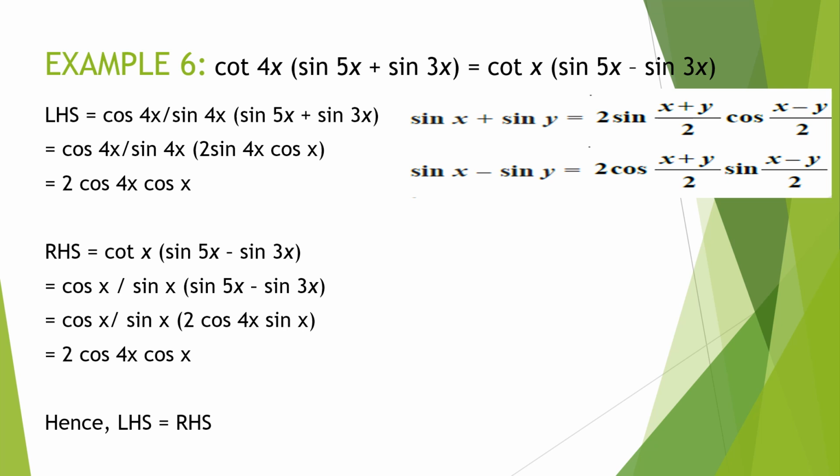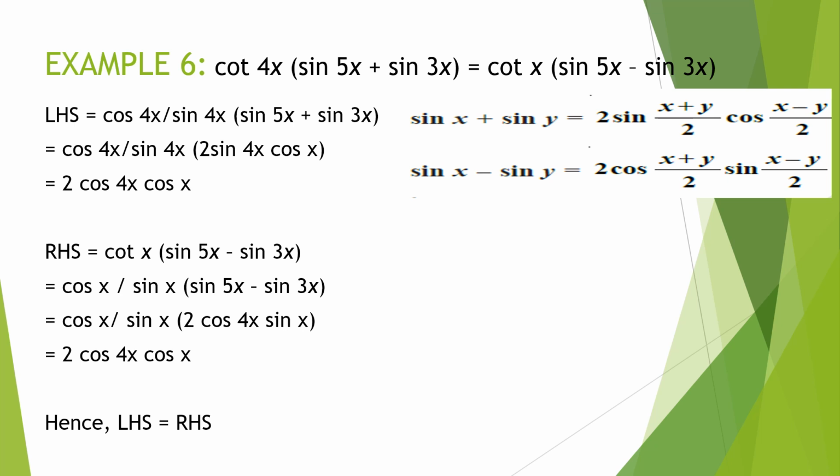Now since from this we might not get directly the right hand side, it might be more difficult, we try to simplify the right hand side. Right hand side is cot x into (sin 5x minus sin 3x). So cot x we write as cos x upon sin x. Again in the bracket we have s minus s, which is equal to 2cs.